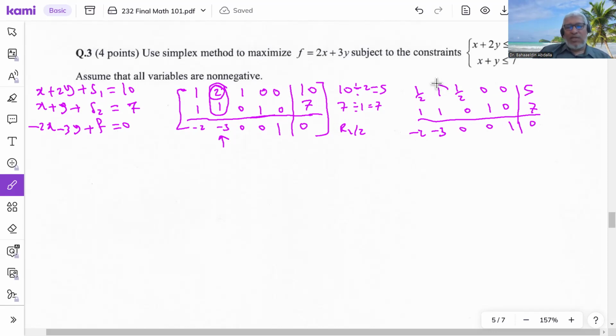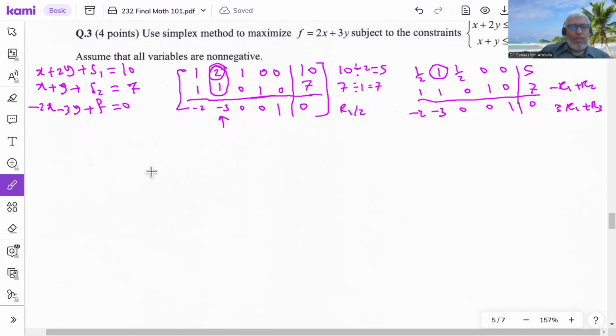And after making this number 1, I need to use it to make the other numbers zeros. So negative R1 plus R2 to make this one 0. And how to make negative 3 0? 3R1 plus R3. So I'll get a new matrix.